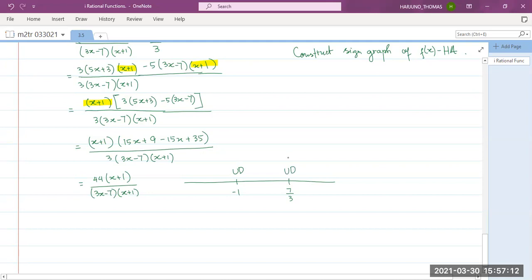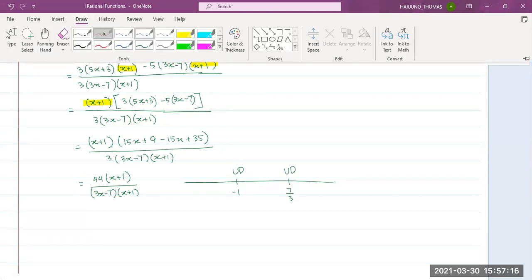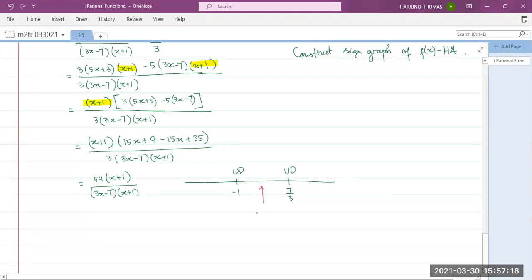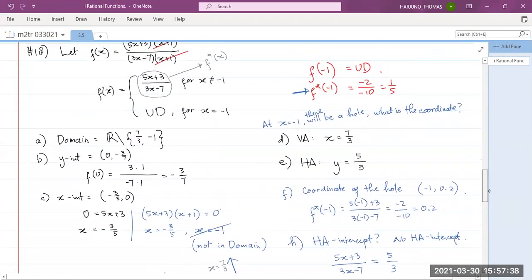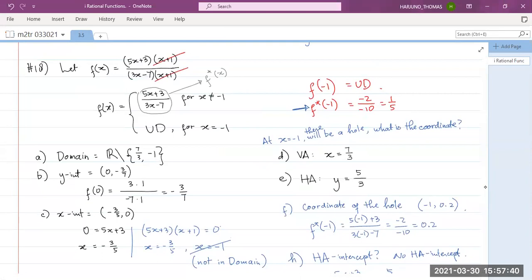Okay, now when x equals 0, let's do the testing point. When x equals 0, we will get negative here. 5x minus 3, is it 5x minus 3? No, it's 5x plus 3.